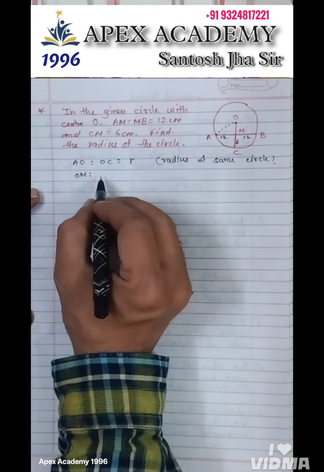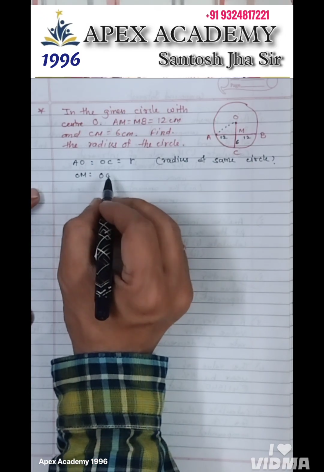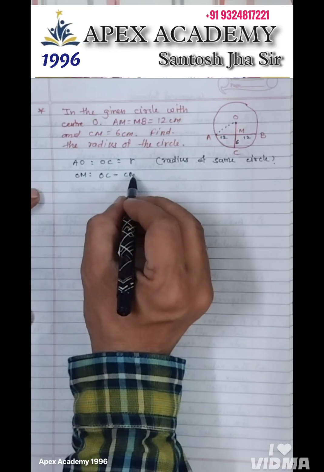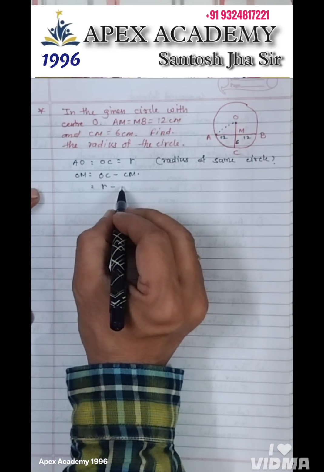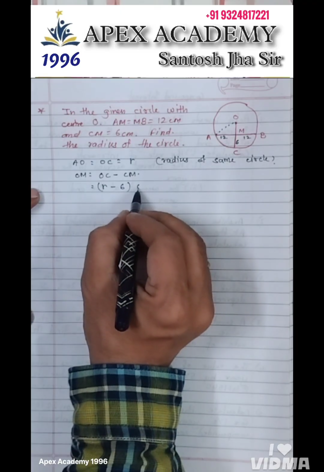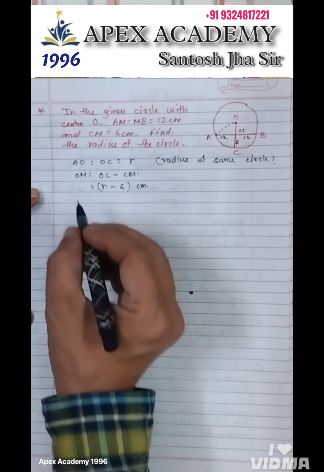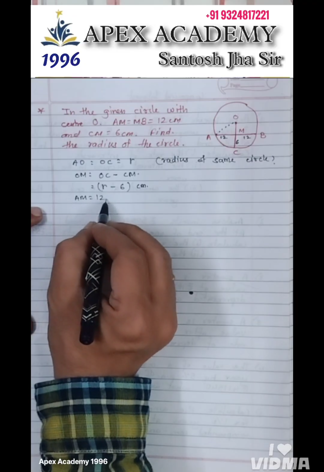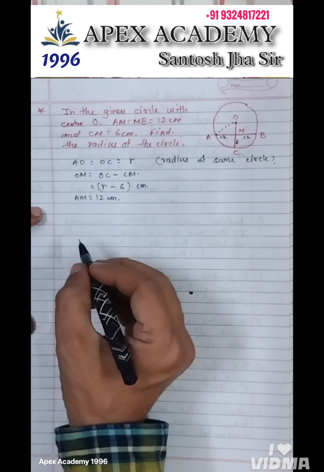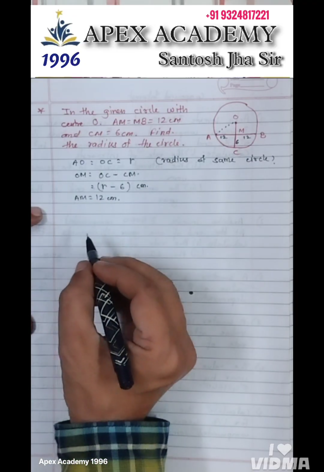OM becomes OC minus CM. So OC is R and this is 6. So OM we got, AM already we know, AM is 12 centimeter. And AO is R.